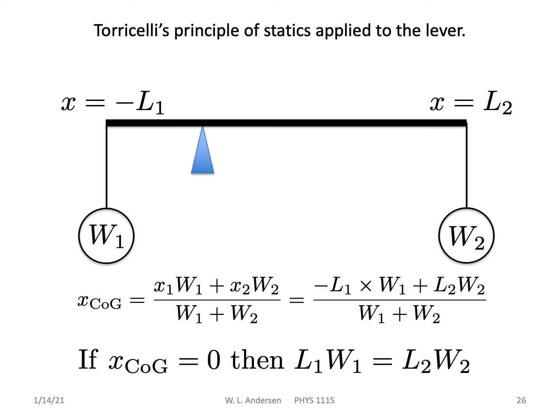So we go ahead and substitute in for x1 and x2, and we demand that that formula, negative L1 times W1 plus L2 times W2 divided by the sum of the two weights, must be 0 for equilibrium. Well, then we just get Aristotle's law of the lever. So from Torricelli's principle, we can actually derive Aristotle's principle of the lever.